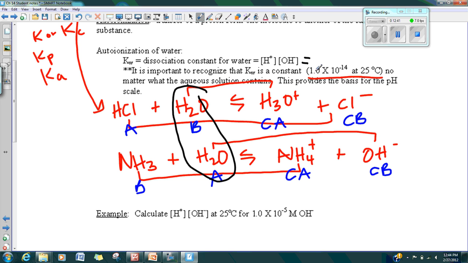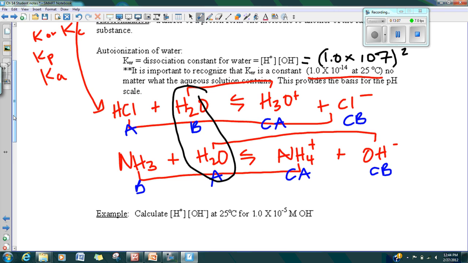So if my total is 1.0 times 10 to the minus 14th, then my concentration of each one of these should be 10 to the minus 7th, sorry, and that would be a squared value. Each one of these is found experimentally, and that's the only way that you can find them. And this also leads to why water was able to be an amphoteric substance.